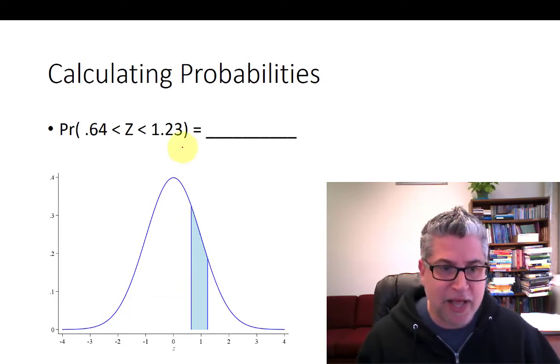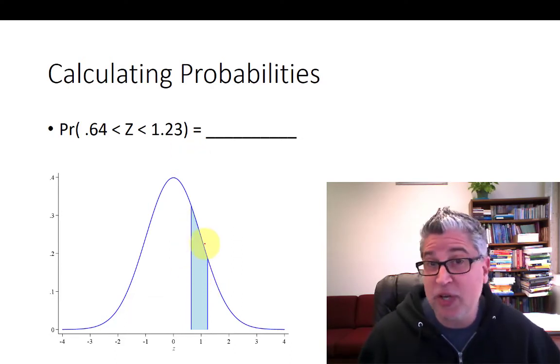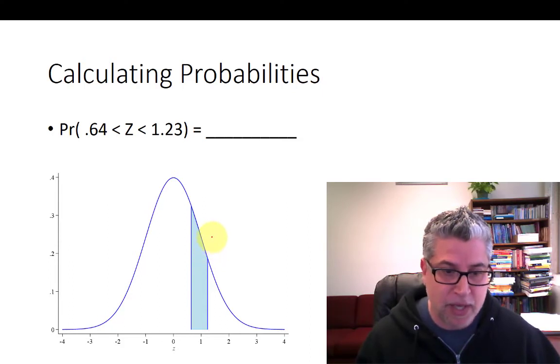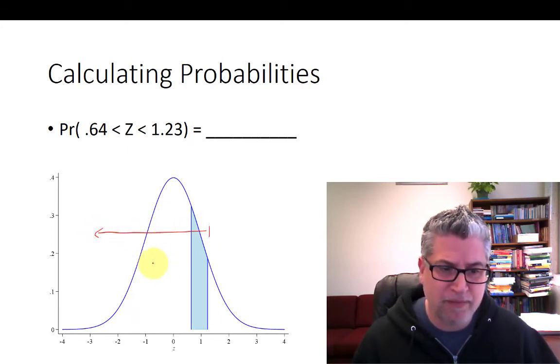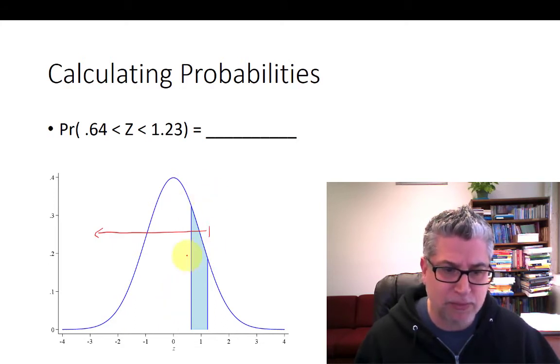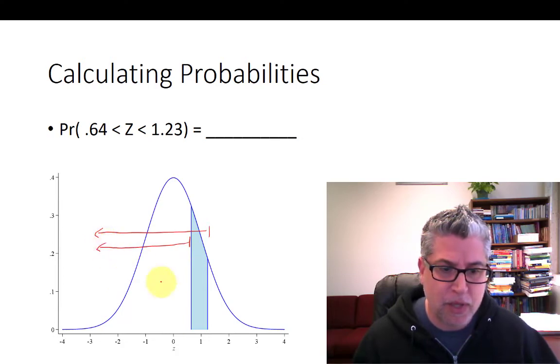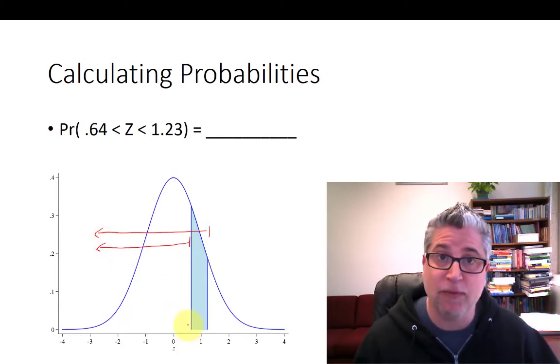Now Excel can only calculate less than probabilities, so we need to work within those constraints. Essentially, we want the probability that Z is less than 1.23, but I don't want to get all this part. This is the part I don't want. I only want this blue part. So I need to subtract off the part that's less than 0.64. Same kind of thing we did the previous two times.